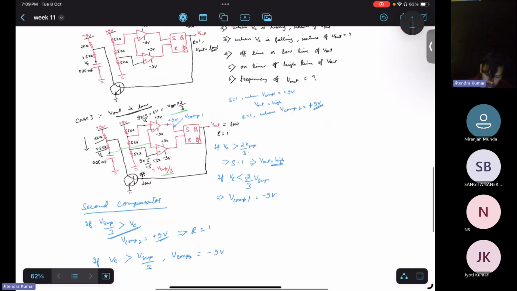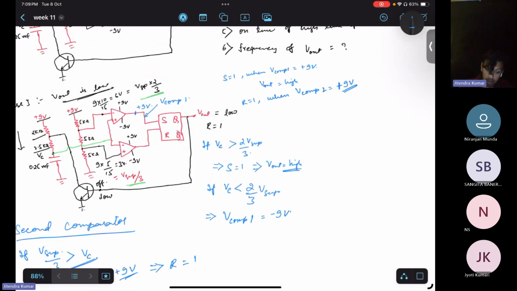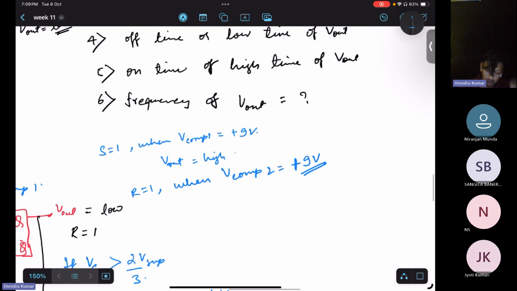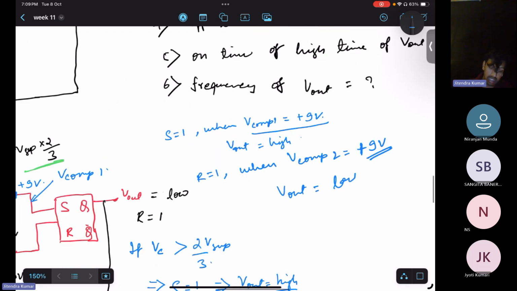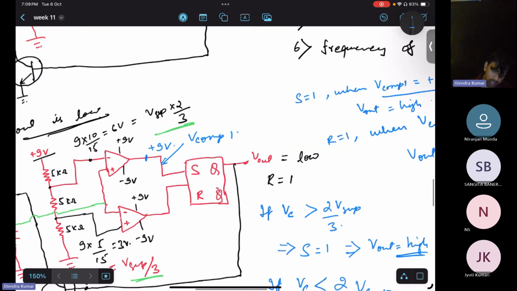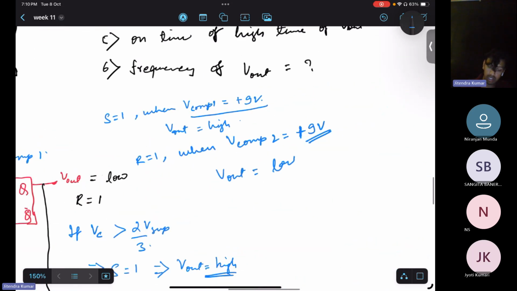Okay. So now to satisfy both the conditions, so when are they happening? V out is equal to high and V out is equal to low. So when V comparator 1 is equal to plus 9 volt, then output voltage is high. It means what is the condition? When it is plus 9 volt, when Vc is higher than 2 by 3 of V supply.